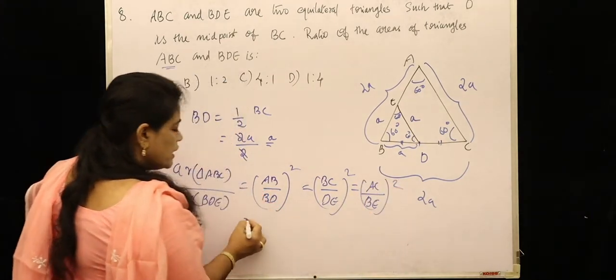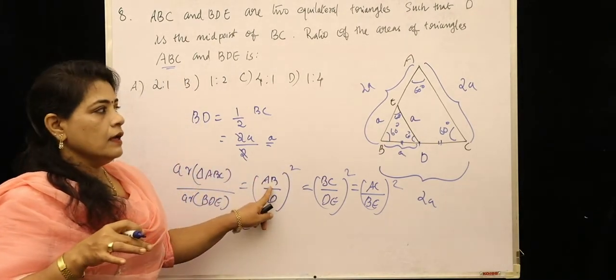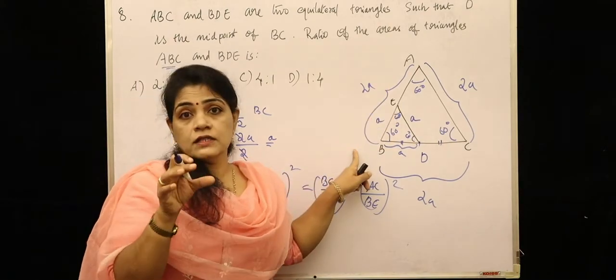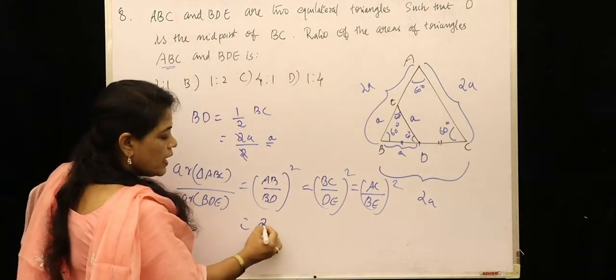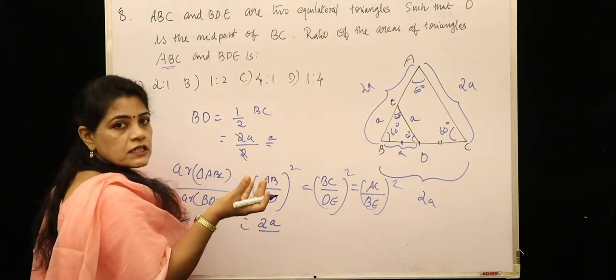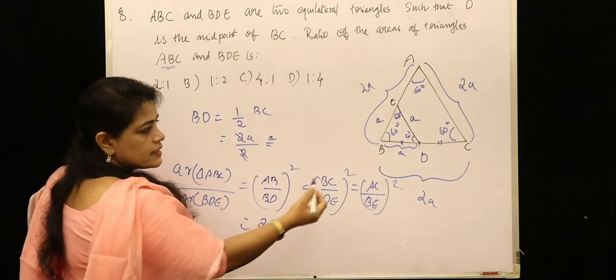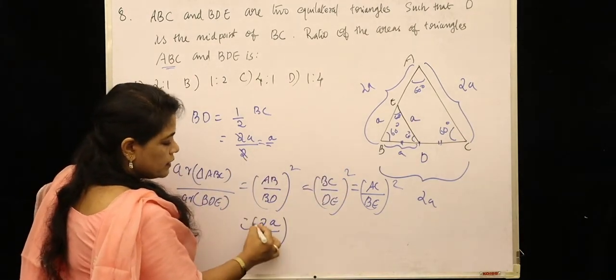We are going to substitute any one of these ratios. AB is one of the sides of the big equilateral triangle ABC, and its side is 2A. BD is the side of the small equilateral triangle BDE, and its side we have seen is A, whole square.